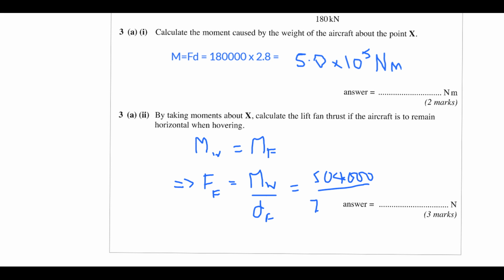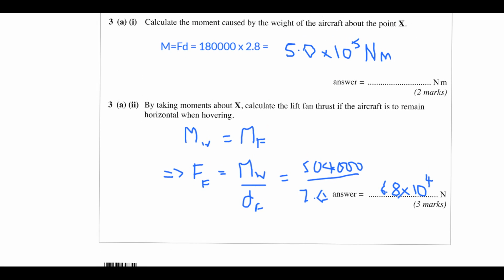Distance of that is 7.4. When we calculate that answer, we end up with 68,000 newtons, so 6.8 times 10 to the 4 newtons is the force there. Okay, so that finishes part 2.